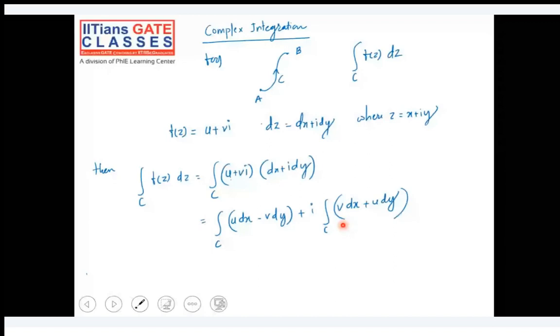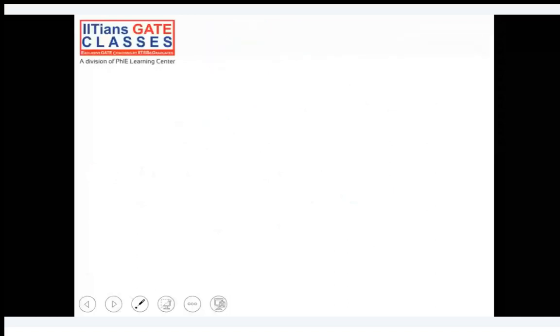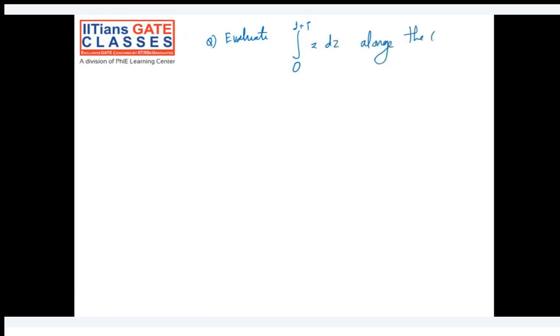Okay, so let me give you a question here. Evaluate the integration from 0 to 1 plus i of z dz along the curve y is equal to x square.